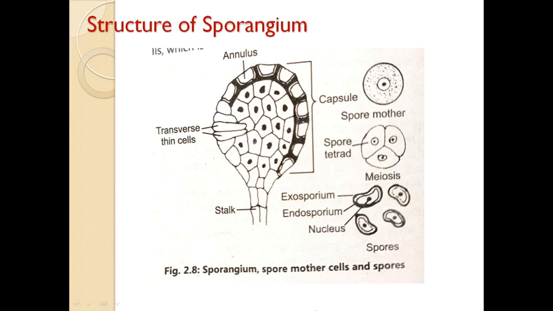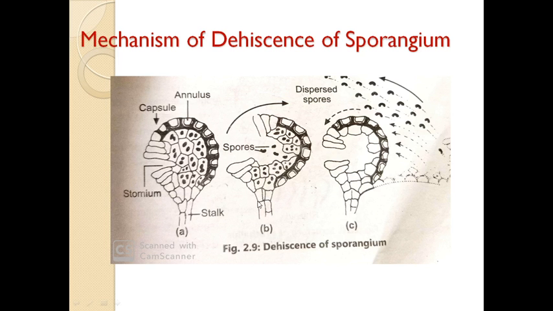This is regarding the structure of sporangium. Next point I am focusing on is the mechanism of dehiscence of sporangium. When the sporangium is fully matured and the weather is dry, dissemination of spores takes place. The annulus and stomium play a very important role in the dehiscence. At maturity, the wall of the sporangium starts to lose moisture and dry up.